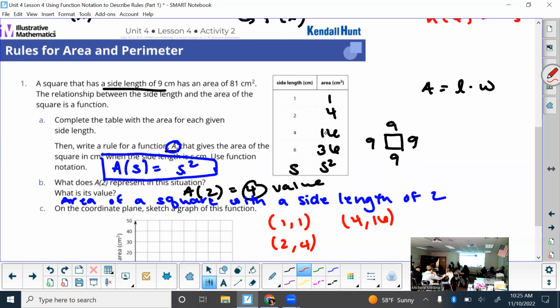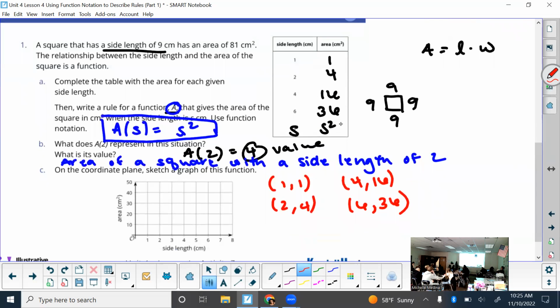The table. They're all paired values. Your input is your X, your output is your Y. You can graph all of these. I don't think you can graph the S or S squared, so there's no S or S squared there. But yeah, you could also tell from function notation. Input, output. So if the table wasn't there, you should be able to graph that too.